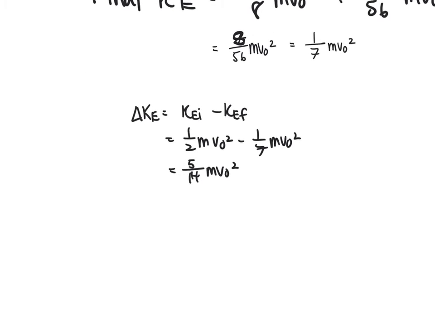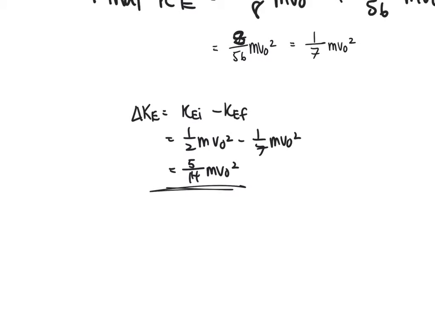Then the percentage will be this divided by Ki, which is your initial kinetic energy, times 100. So why do I do that?